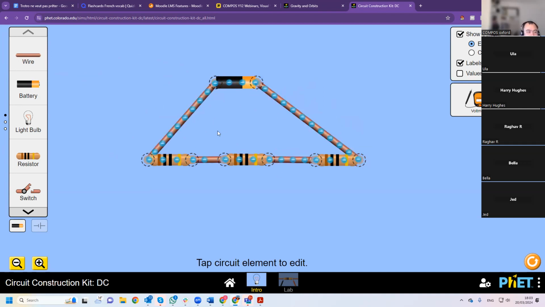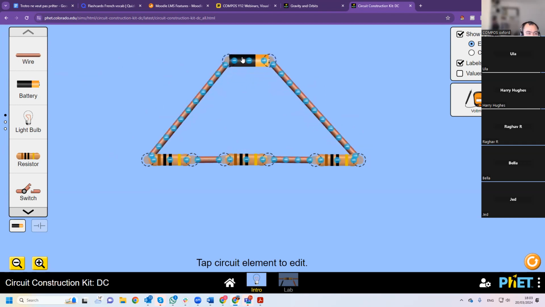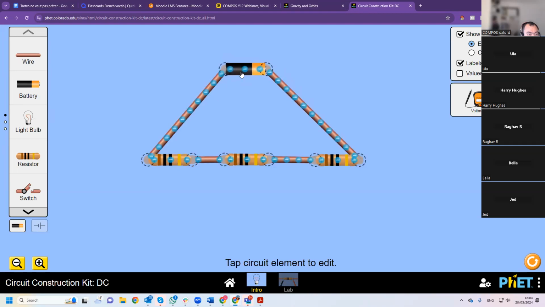So you can see that the battery produces a voltage. So what is a voltage? Well, a voltage is simply giving electrons energy. So the battery gives you energy, and this energy is then transferred as heat in the resistors.